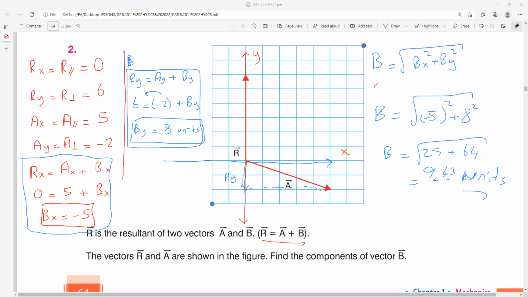Why? Because we are going to just show on our XY system, BX, BY. So where is BX? BX, what we said? Negative 5. So it means this way. BX is here. Okay, where is BY? It is positive. So BY this way. This is BY.